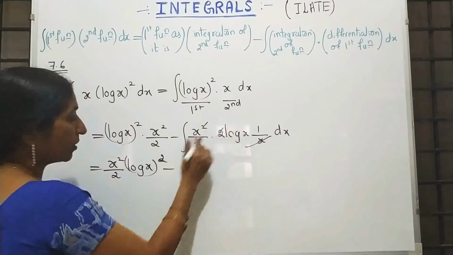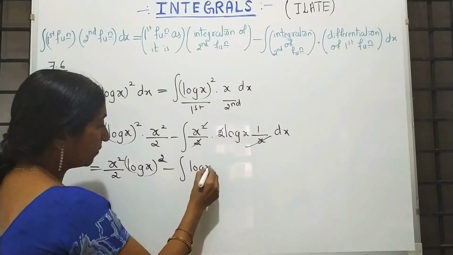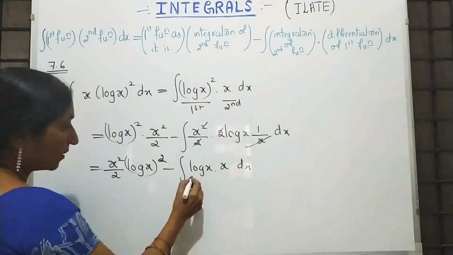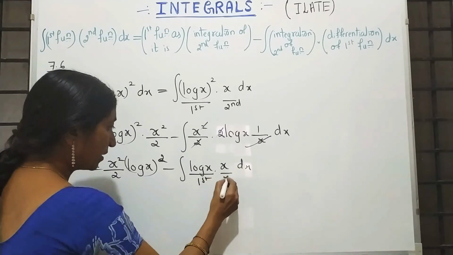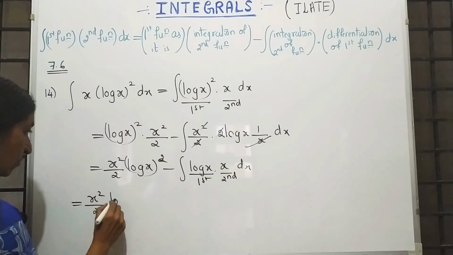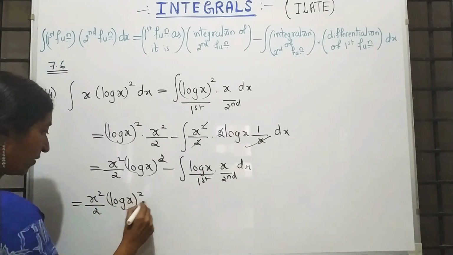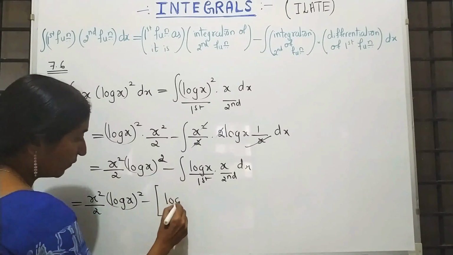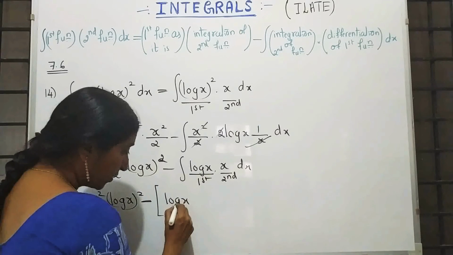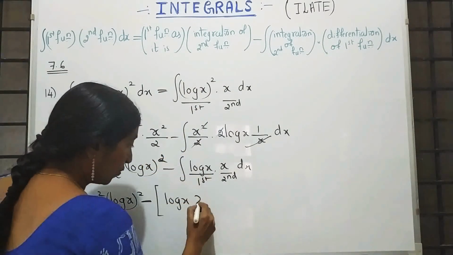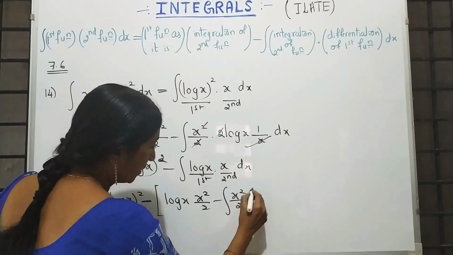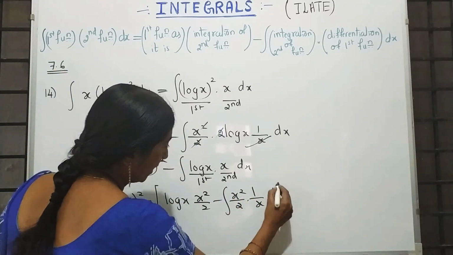Again rearrange the two terms. First one is a log term, then algebraic, because first L comes then A. Again this is the first function and this is the second function. x square by 2 log x whole square minus, in the bracket, first function as it is, integration of second function x square by 2, differentiation of log x is 1 by x.